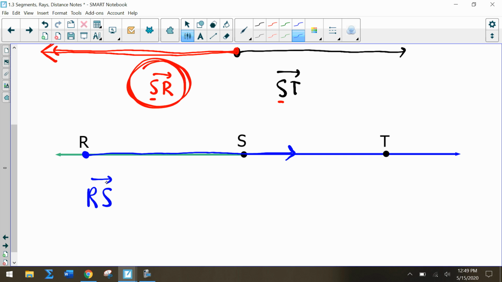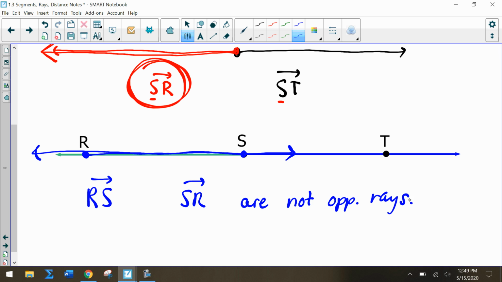This is different from starting at S and going to R, ray SR. These are not opposite rays, because notice how we are at a different starting point for these 2 rays. The ray on the left starts with R, and the ray on the right starts with an S.